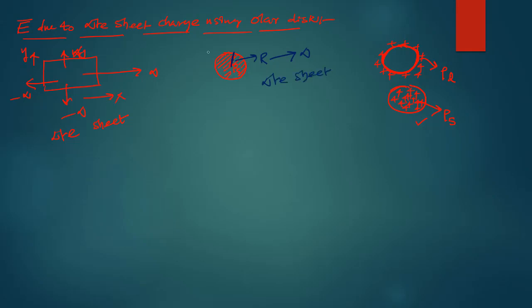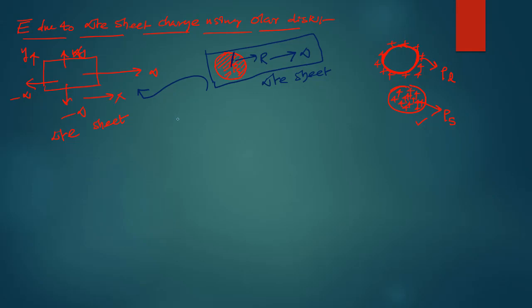So first we will find the electric field due to this finite radius circular disc. Then we will make r tend to infinity, and we will get the electric field due to the infinite sheet. This is the approach we are following, and the steps are similar to the first derivation we did using the rectangular sheet.